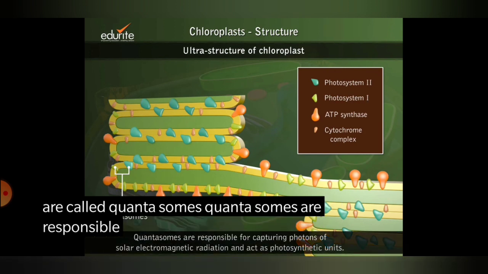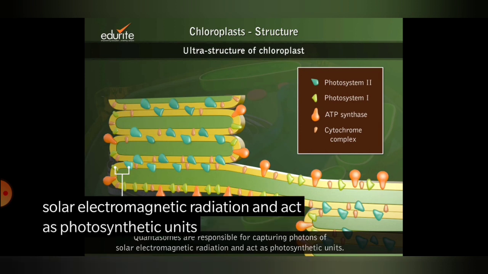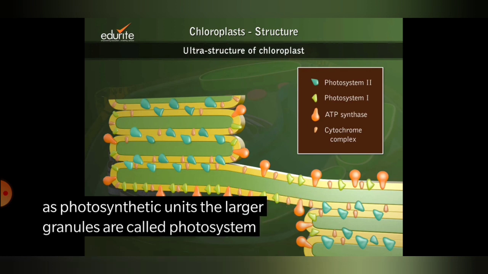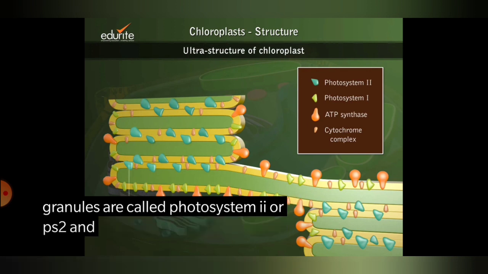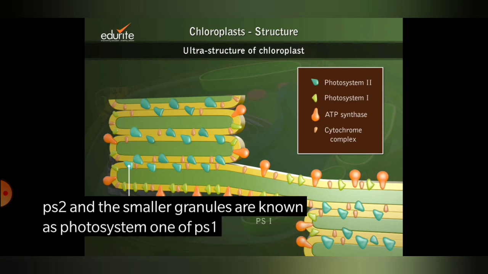Quantasomes are responsible for capturing photons of solar electromagnetic radiation and act as photosynthetic units. The larger granules are called photosystem 2 or PS2, and the smaller granules are known as photosystem 1 or PS1.